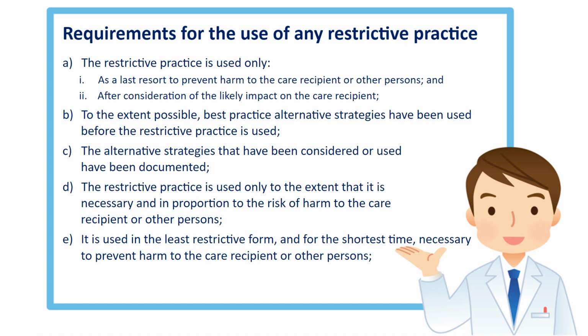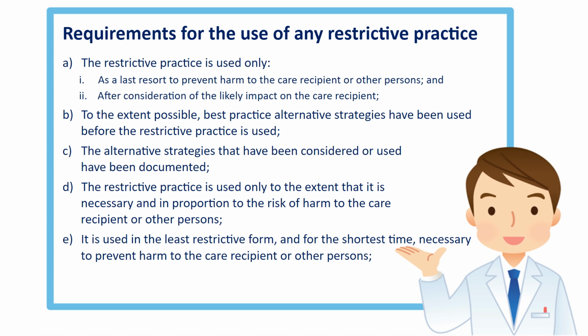So wherever possible, you should have tried to use alternative strategies before you start using the restrictive practice, and that should have been documented accordingly. We tried diversional therapy, that did not succeed, et cetera, and therefore we were compelled to use this particular restrictive practice.